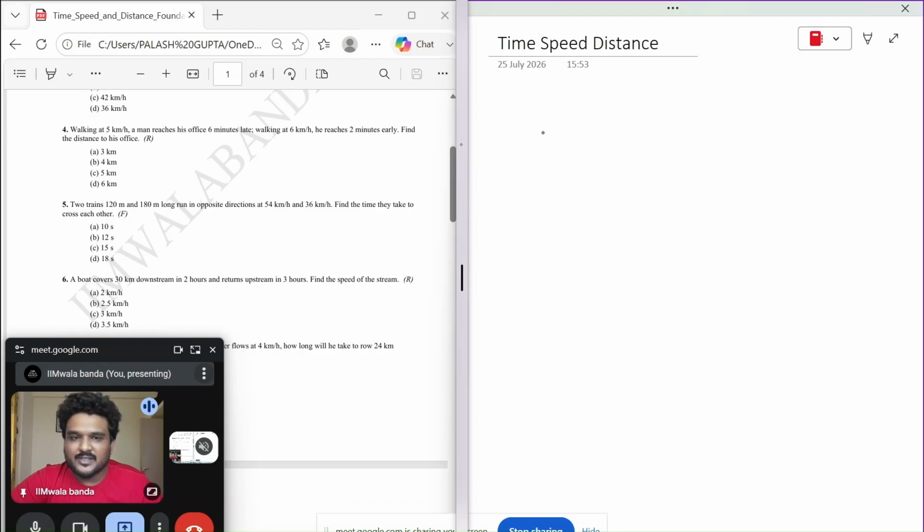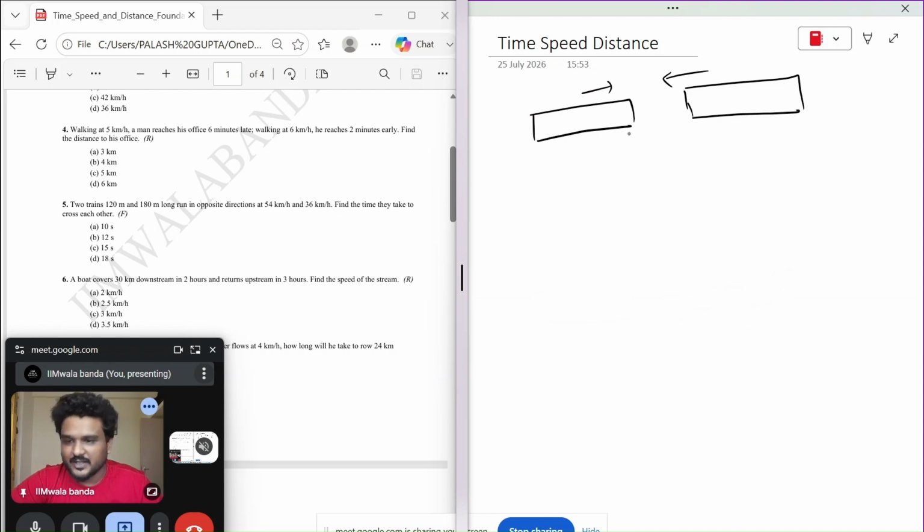Again, this is a very important type, question number 5. If you look at it, the train that was passing the pole, in case we get two trains and we let them pass each other. Always, if there are two objects which are moving towards each other, relatively they will see that they're moving very fast.